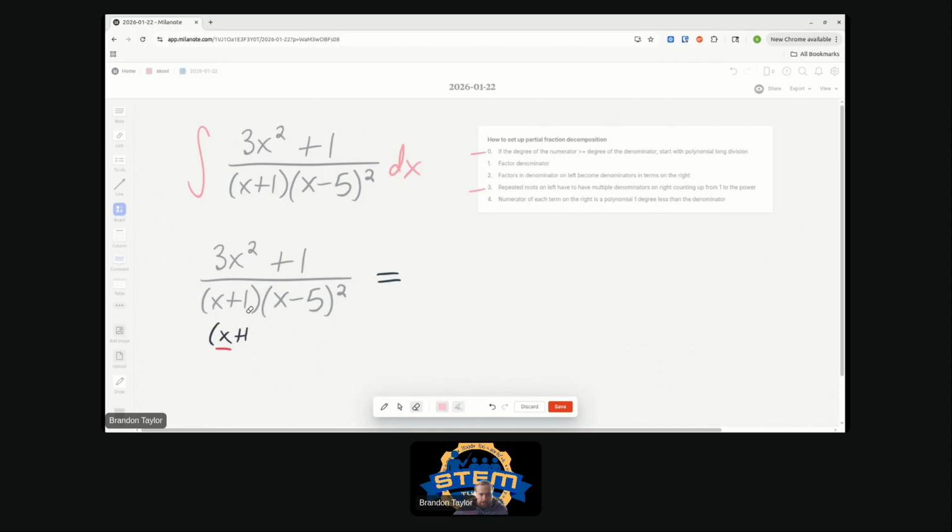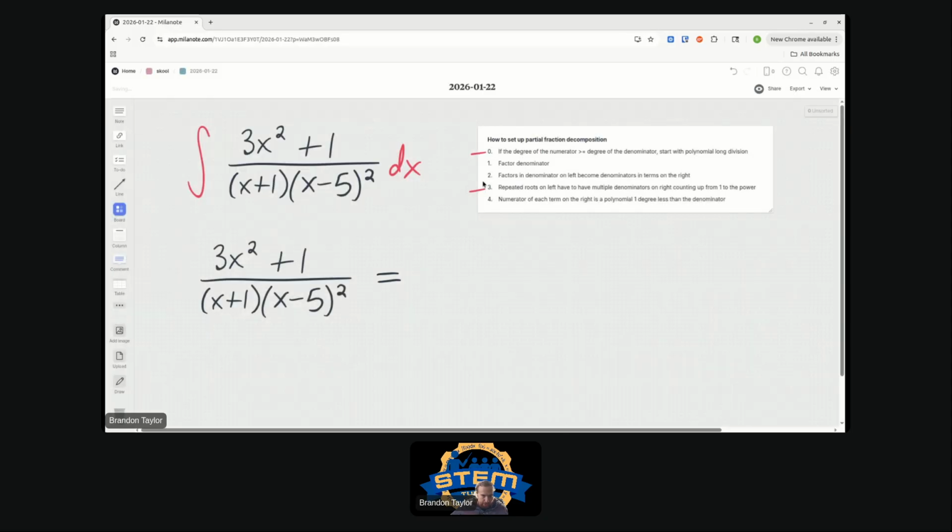In other words, even though it's in factored form, it's not expanded into the form x cubed plus blah, blah, blah, we know that it would be if we multiplied things out. So the degree of the numerator is less than the degree of the denominator. For this problem, we're fine, so we don't need to do step 0 either.